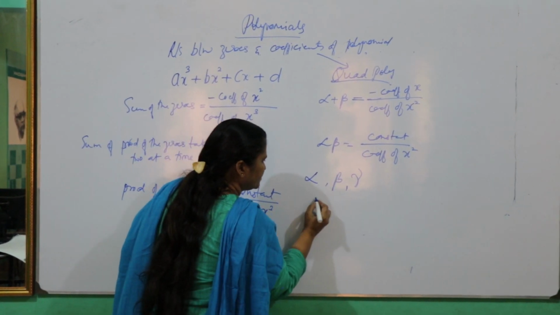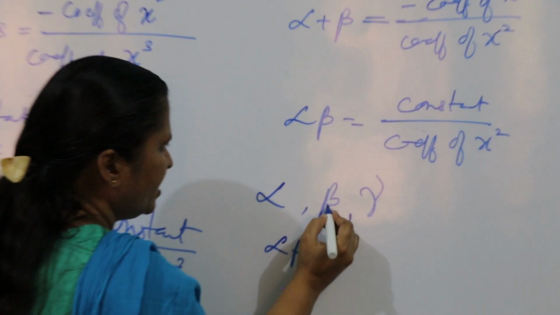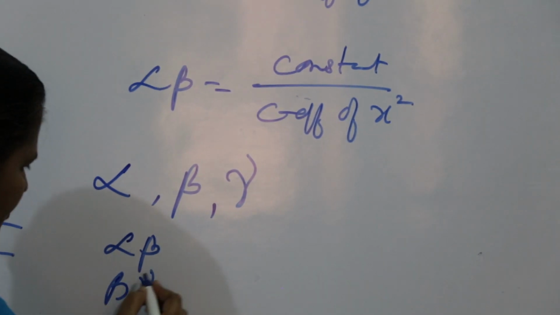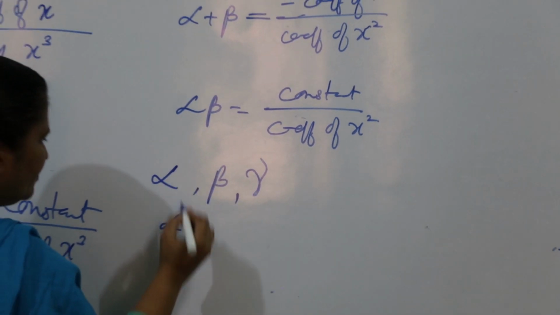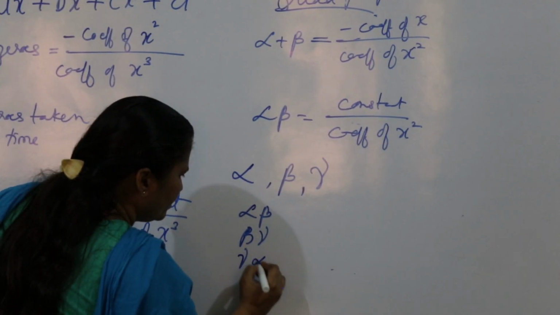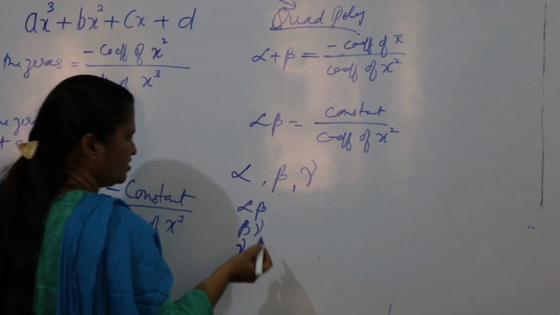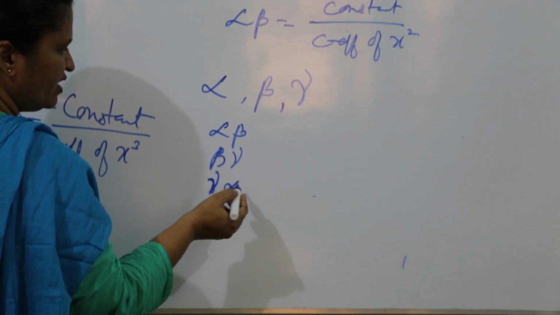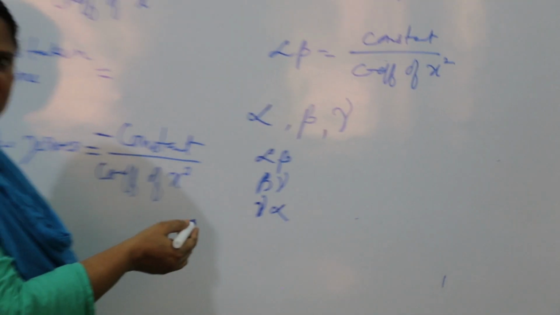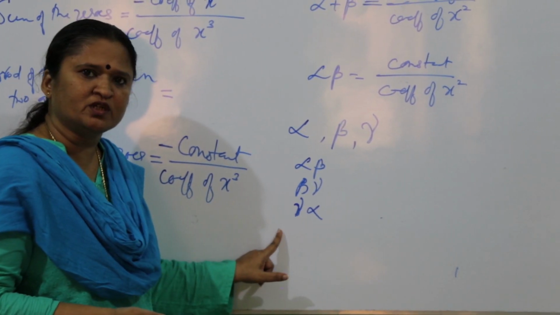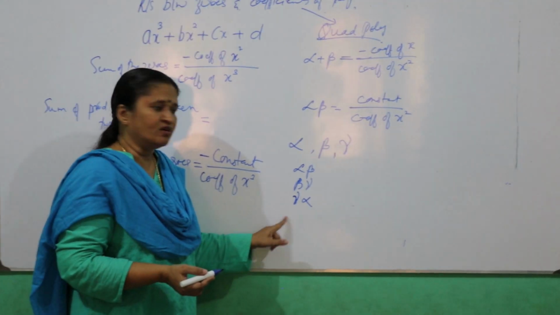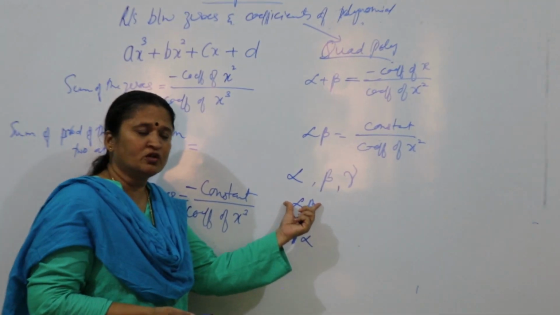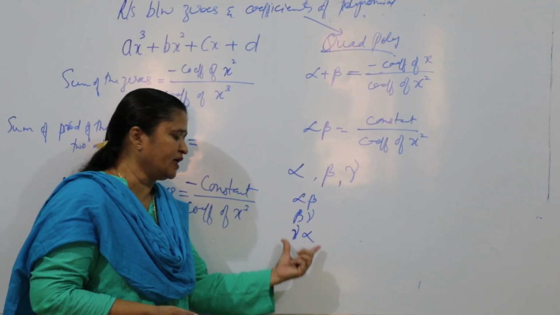Let's try to get this first, alpha beta. Then let's take the other two. We have beta gamma, and then alpha gamma, or gamma alpha. So that it's easy for you to remember: alpha beta, beta gamma, gamma alpha. Any other combination left? No, we have covered all the three combinations. Right? Now, this is the product of the zeros taken two at a time.